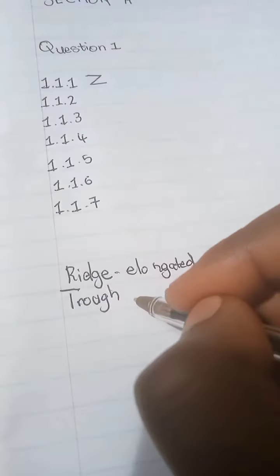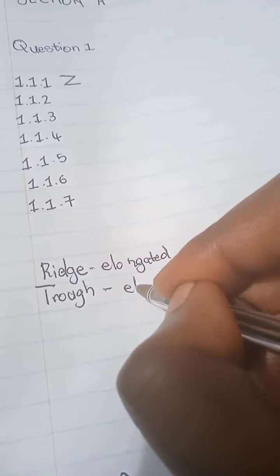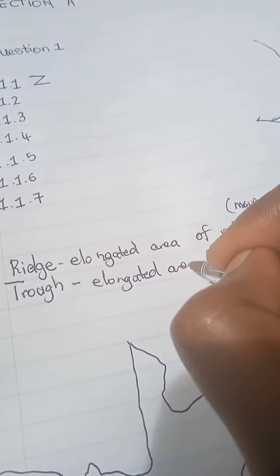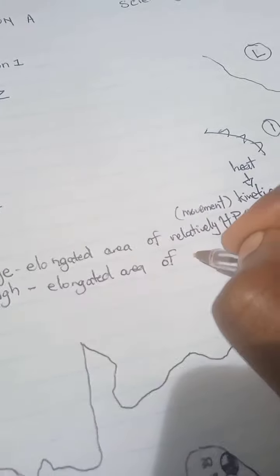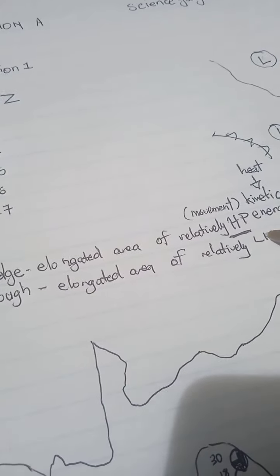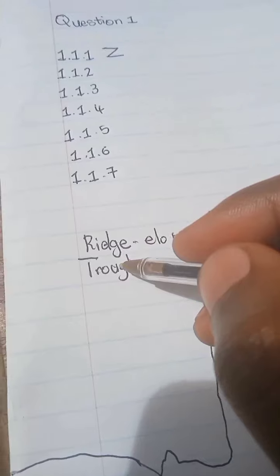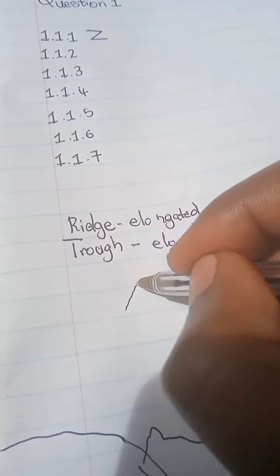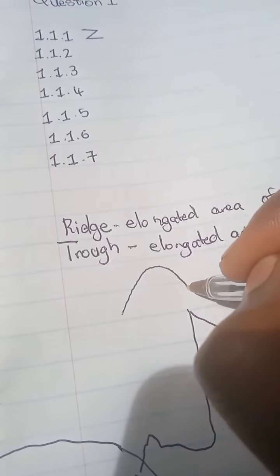And then a trough is an elongated area as well, of relatively low pressures, of course. Okay, so these are like in topography where you have a ridge.